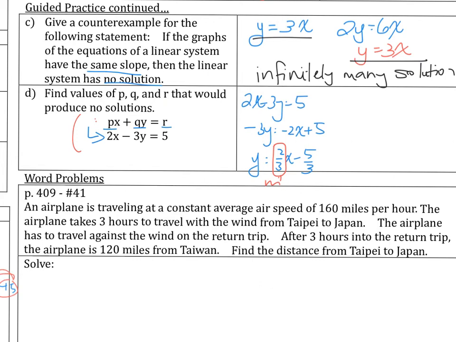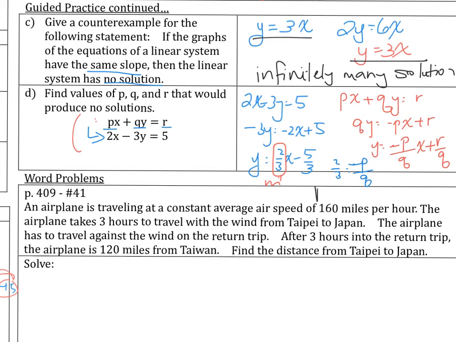So I'm going to rewrite this equation, px plus qy equals r, in slope-intercept form. So now I can set 2/3 equal to negative p over q.